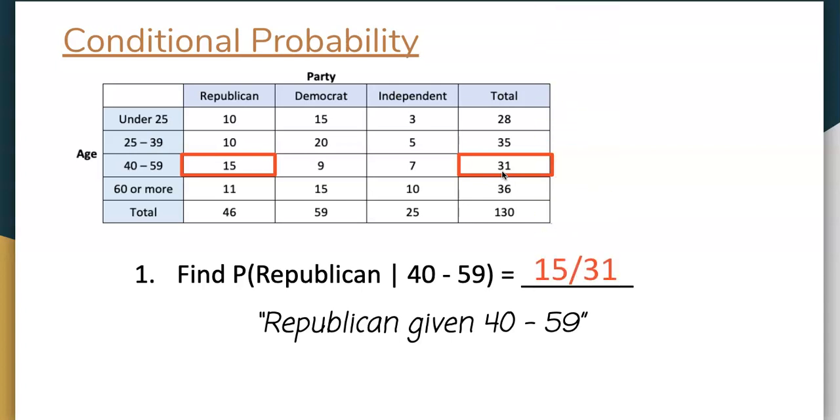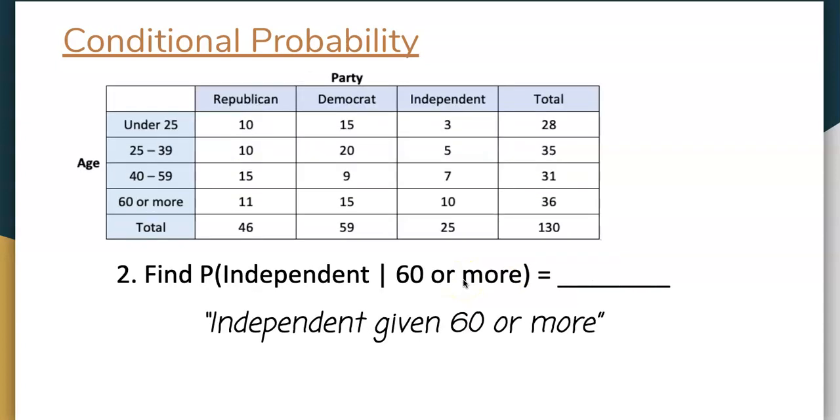Now notice for conditional probability, we are not using 130, the total, for our denominator. I was using 31, and that was from the given part, the part that comes after. Now let's do 2 more because this one was a little bit more confusing than the other ones. All right, number 2. Find the probability that a chosen person is independent given he or she is 60 or more.